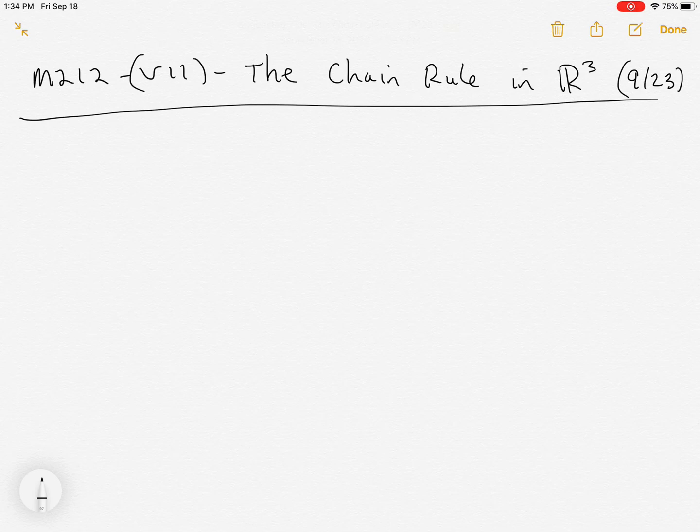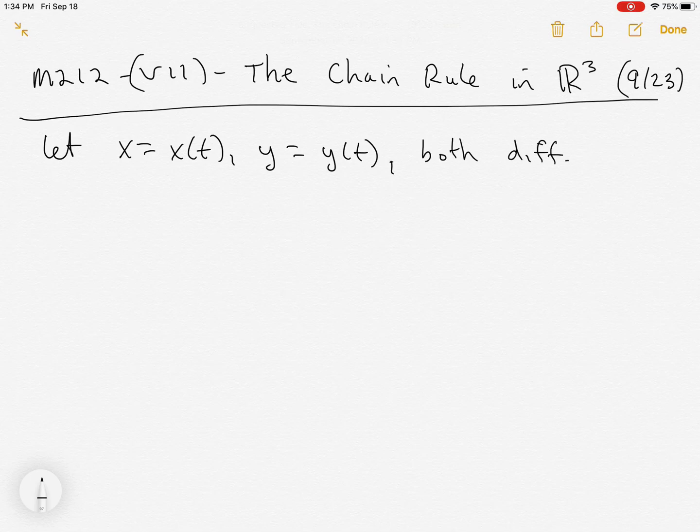So the point here is that whether or not the chain rule is in R1, R2, R3, or Rn, it works. So let x be some function whose independent variable is t, and y is another function whose independent variable is t, and assume they're both differentiable at all t.